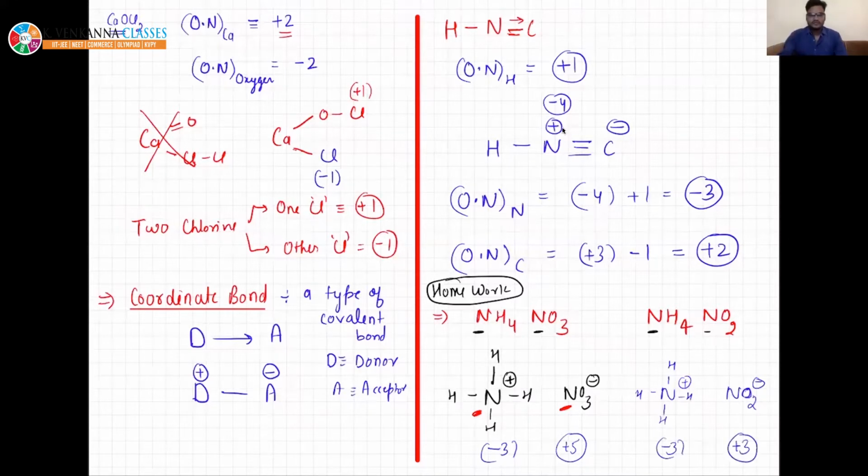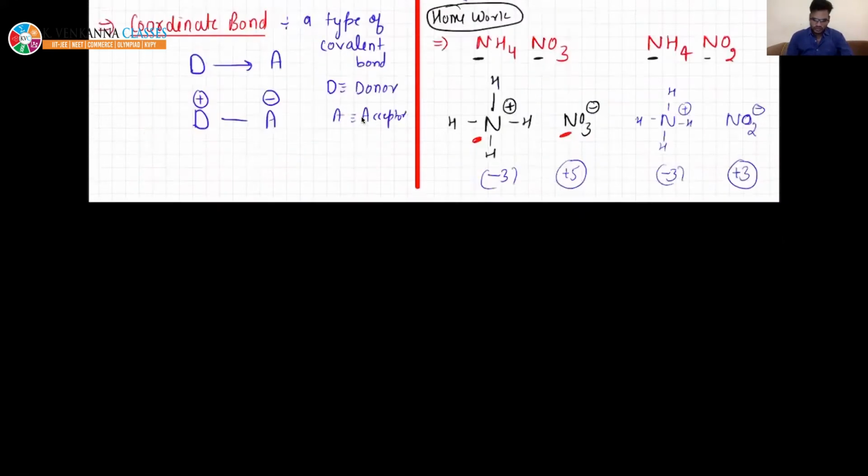Is that okay with everyone? Please quickly respond. You will find such kinds of questions. Okay, great. So I am giving some questions to you guys. It's basically a quick test. The purpose is just to have a quick revision, right? So I will give some questions. Find out the oxidation number of the underlined element.